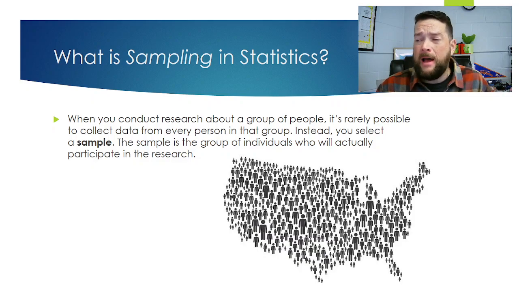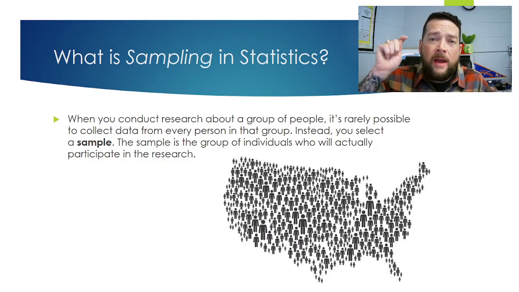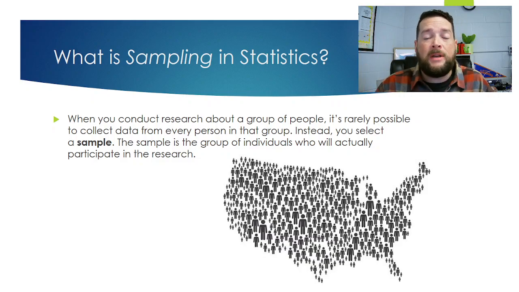I live in Birmingham, Alabama, and so I might ask what, on average, is the number of siblings for the people in Birmingham. Well, it would be impractical to go to every single house and ask every single person how many siblings they have.